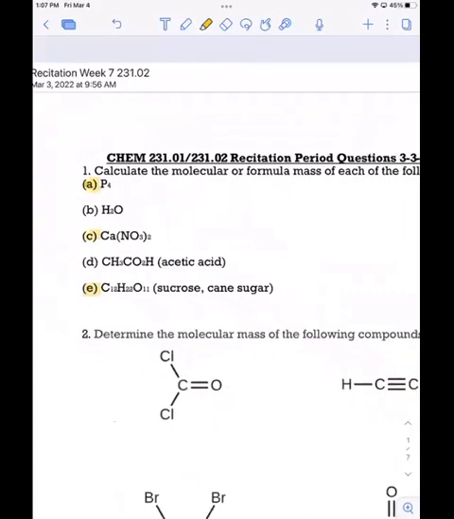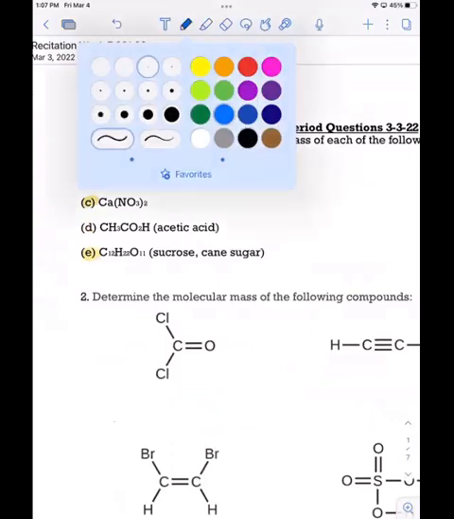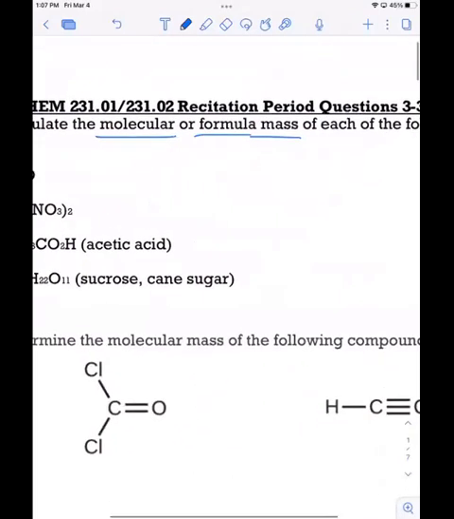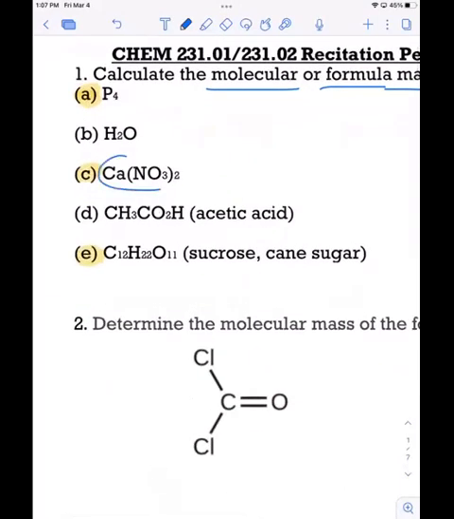Right. So all it's asking for is the molar mass. That's what it means by molecular mass. That's the same as molecular weight, molar mass, or formula mass. The only difference in those terms, they still mean the same thing, but formula mass would be for something like this, where it's an ionic compound as opposed to a covalently bound compound.